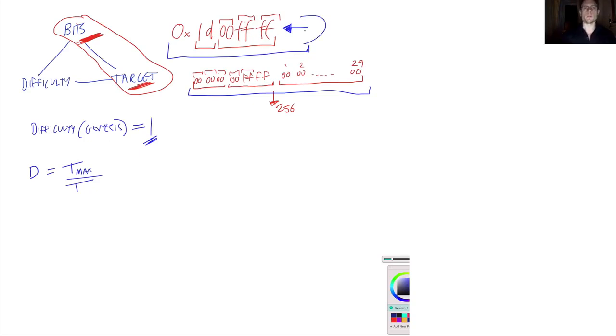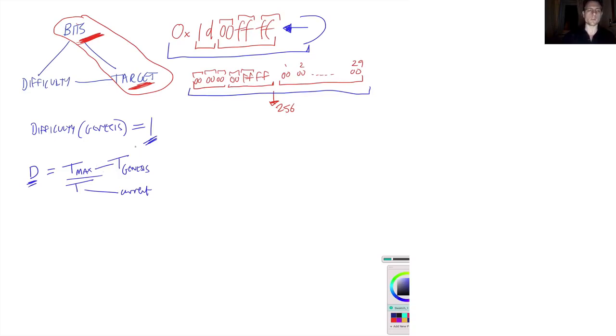So don't forget, the higher this 256-bit number, the easier it is to find a hash that's less than or equal to that number. And that's T max. So T max is T Genesis. And T is the actual current hash target. And the difficulty, D, is the ratio of the two, right?